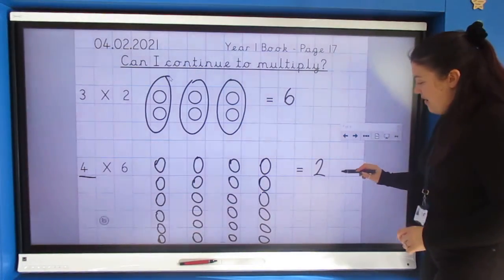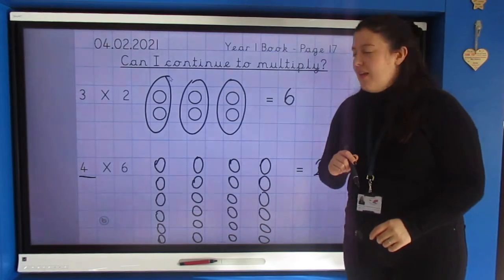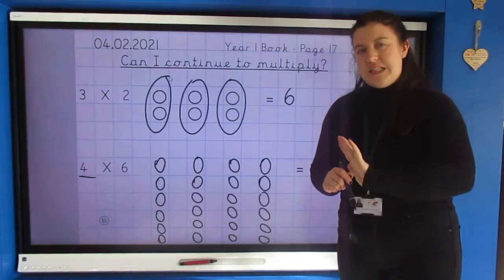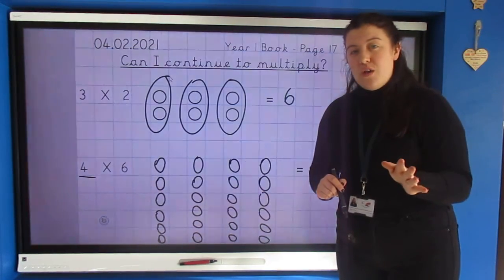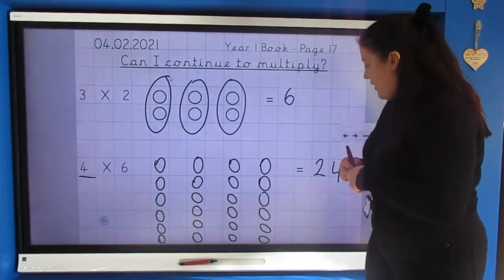Now that is a very big multiplication sum. So well done if you kept up with me. If you found it tricky, don't worry, because you can pause the video, go back and listen again. Use your objects at home, use your drawing, whatever you find most useful, or your 100 square, okay?